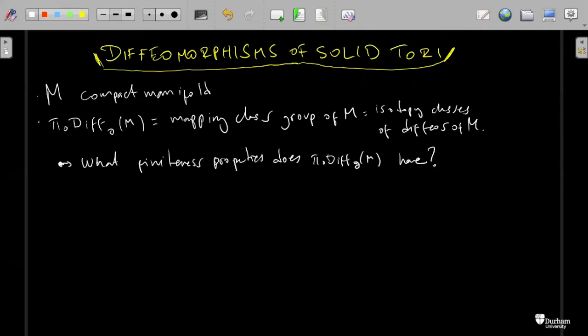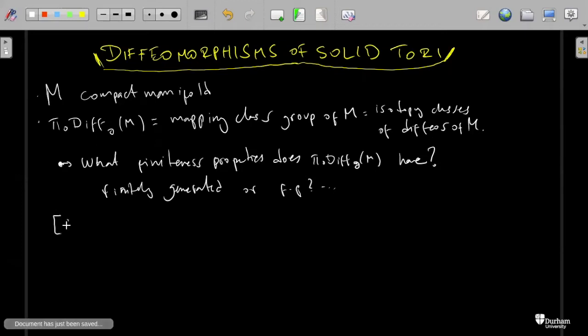So for example, is it finitely generated? Or say finitely presented, or all these sort of things. Now here's a bunch of things that people know already.